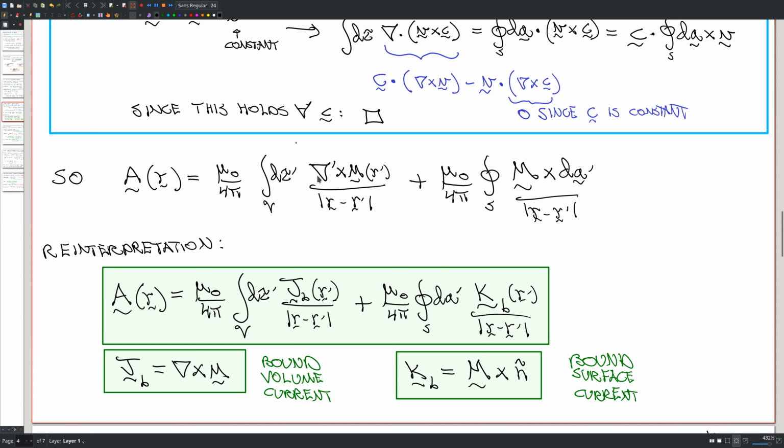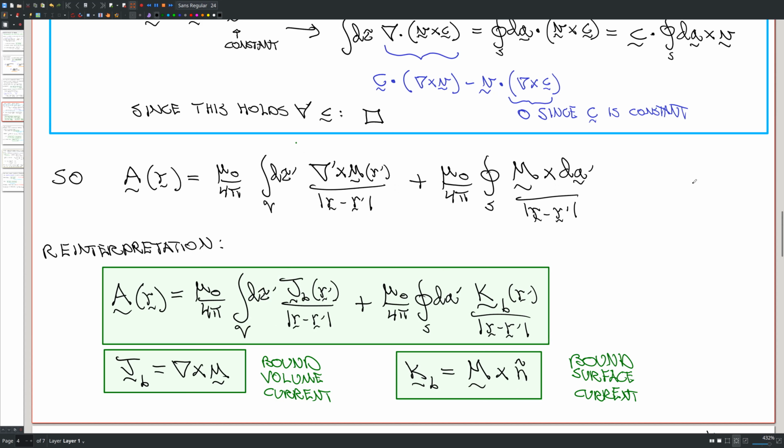So you can now interpret this curl of the magnetization here as a bound current inside your piece of matter. And also the M crossed into the normal of the surface here as a bound surface current. So what does this tell you?